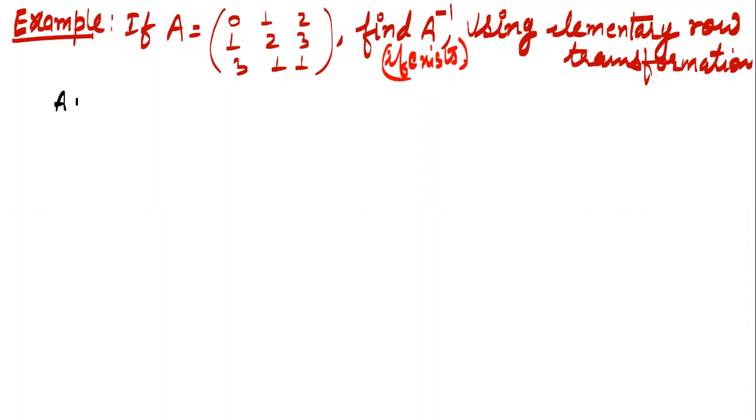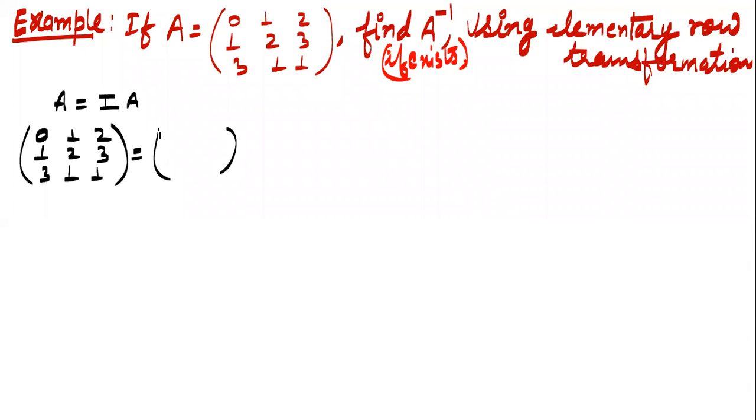First of all, we will write down A equals IA. That is 0, 1, 2, 1, 2, 3, 3, 1, 1 equals I, the identity matrix of the same order, 1, 0, 0, 0, 1, 0, 0, 0, 1 into A.